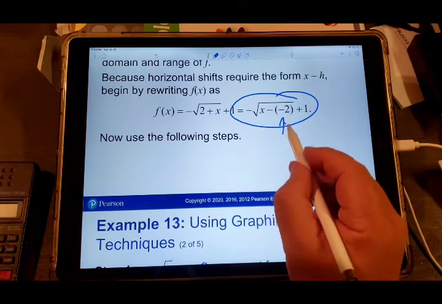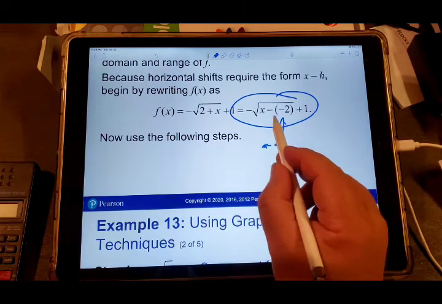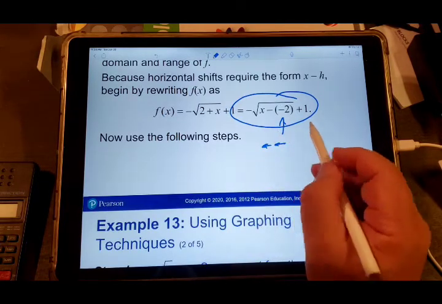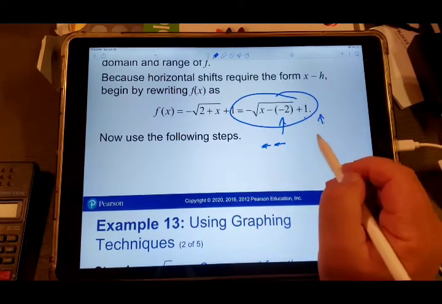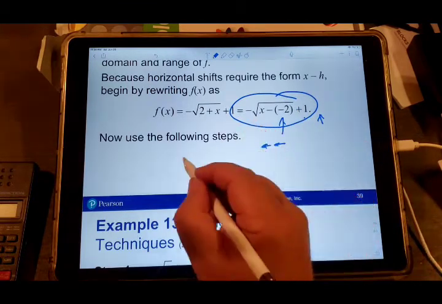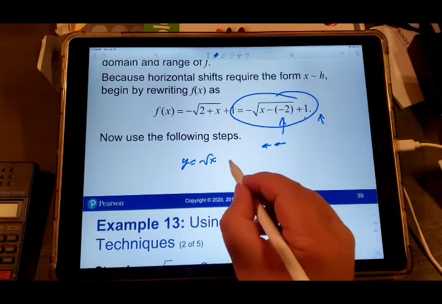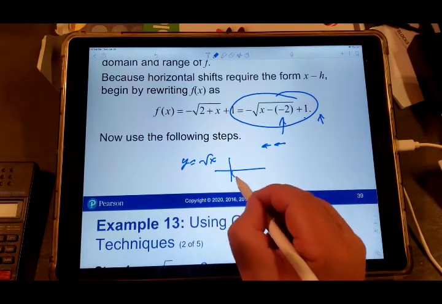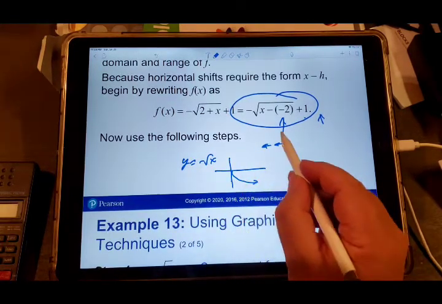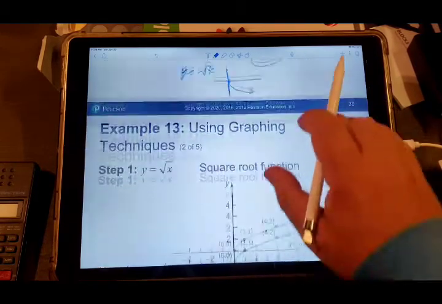So this is telling you the shift eventually is going to be 2 units to the left because x minus 2 would be 2 to the right. This is telling you the shift is going to be up. And if I got rid of all the numbers, you could think of my base graph as y equals minus the square root of x. So I'm saying it's this graph shifted in these ways.